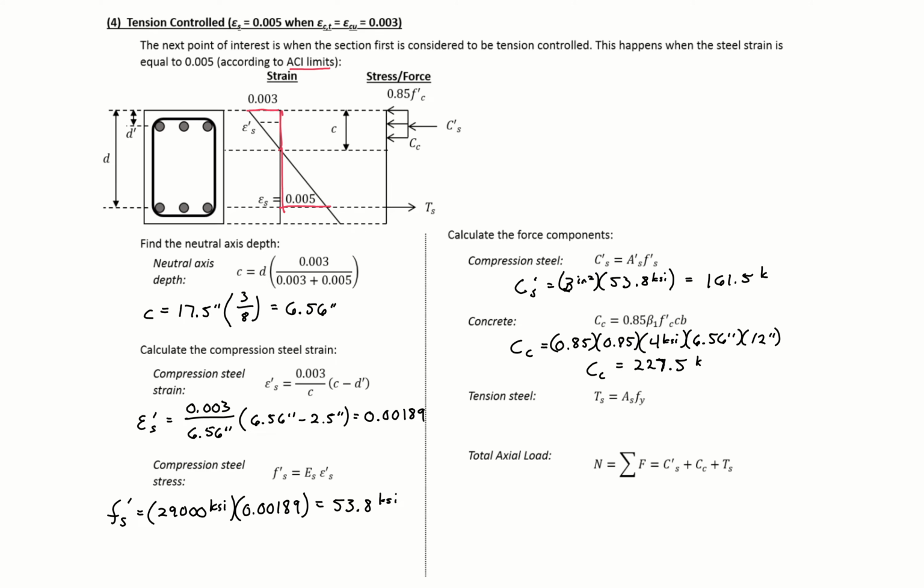And then finally, our tension steel, we're still yielded, so our tension steel force isn't going to change, so we still have a tension steel force of 180 kips.